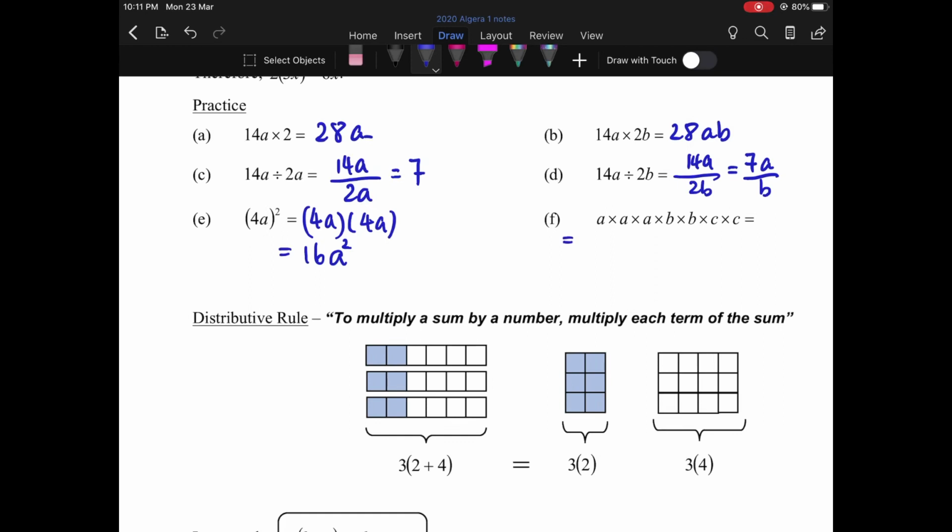Lastly, now a times a times a, you will get a to the power of 3. B times b, b to the power of 2. And c times c is just c to the power of 2. We do not write the multiplication sign in between.